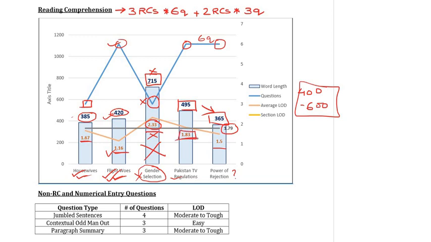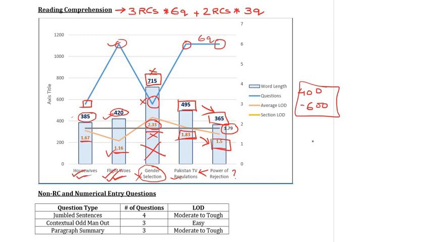Secondly, the questions also are tougher in the Pakistan TV passage. But in terms of pure readability, this is definitely better compared to power of rejection. So this is more the kind of scenario where you should try both these passages, but you need to be selective about the questions that you would attempt from these passages.